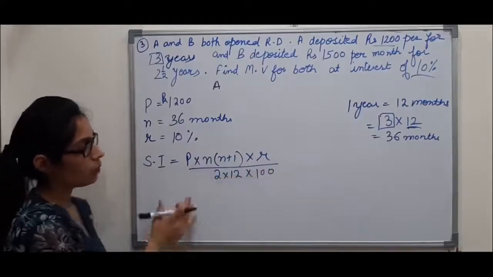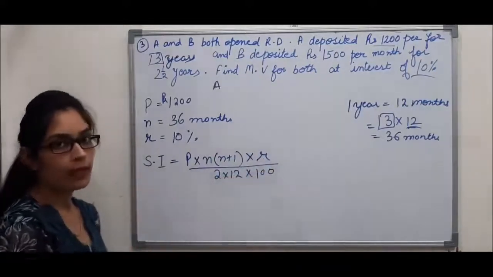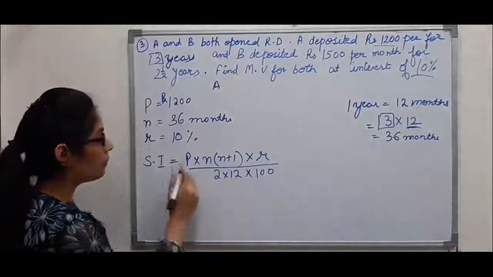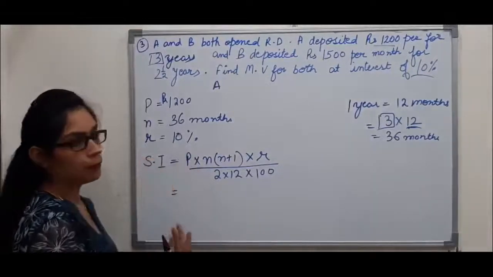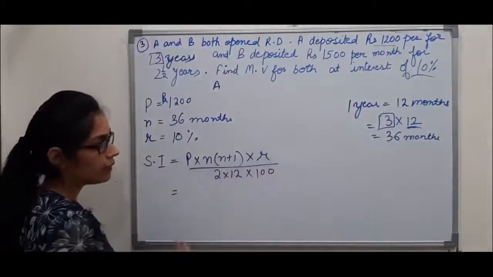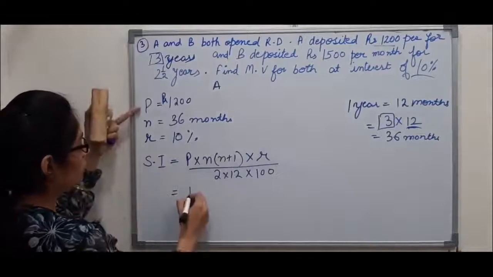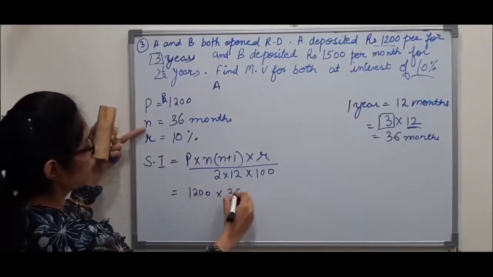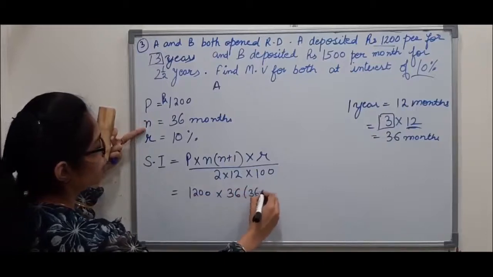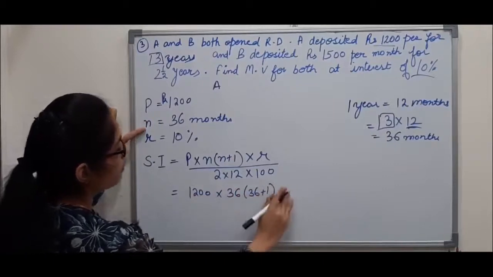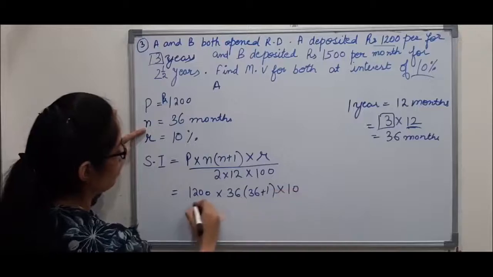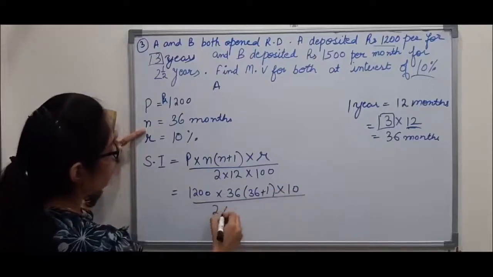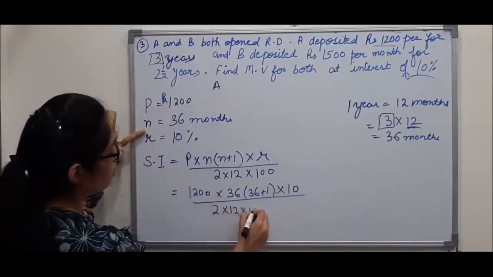So this is the formula for simple interest of recurring deposit accounts, where P is amount deposited per month, N is number of months, and R is rate of interest. So P I will write 1200, N is 36, 36 plus 1, R is 10, 2 into 12 into 100.